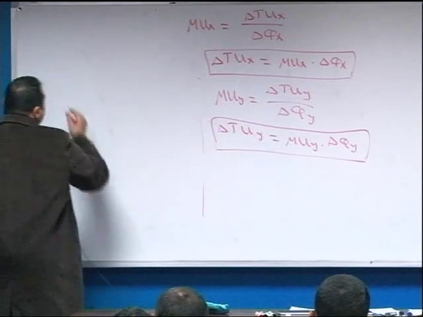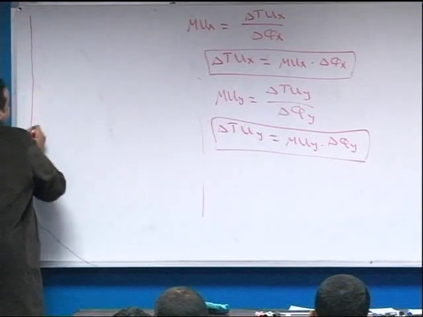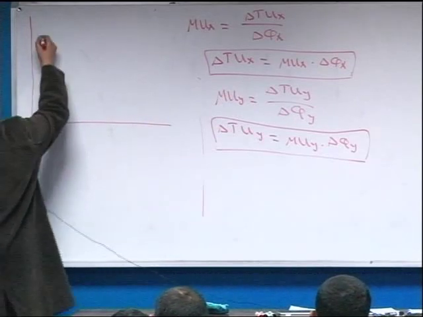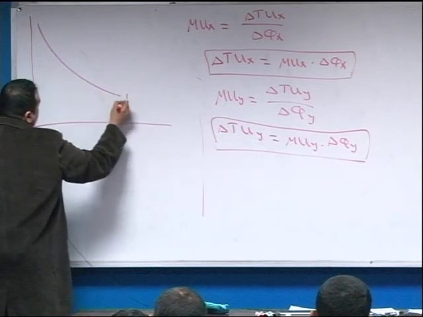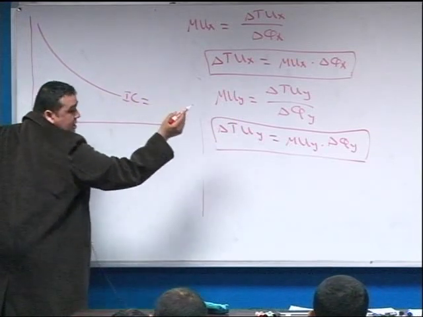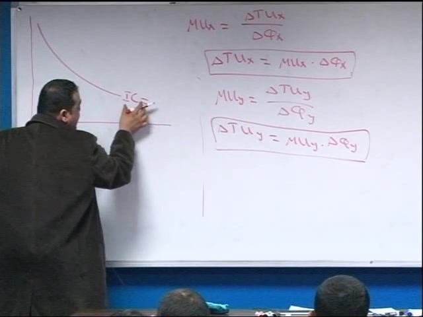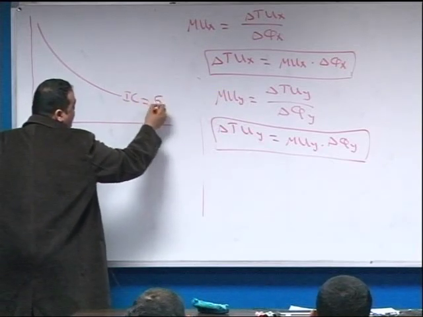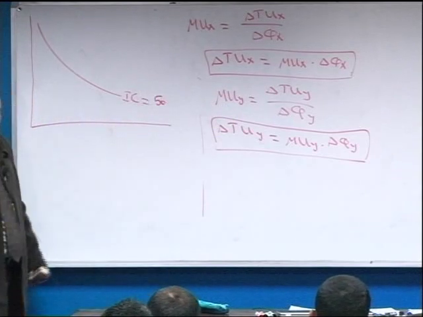The indifference curve, as you know, is downward sloping from left to right. Suppose the total utility obtained by this indifference curve equals 50 utils, right?